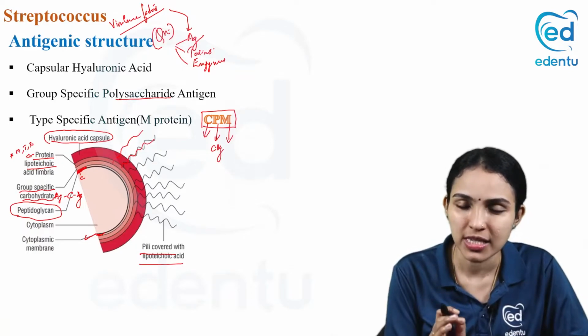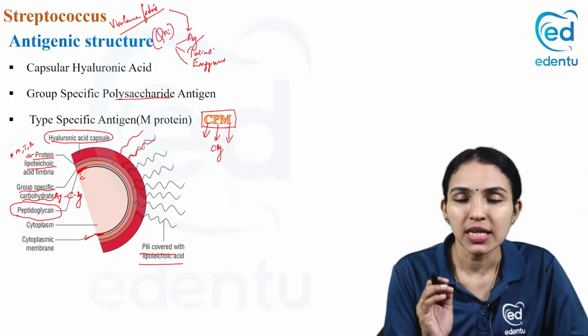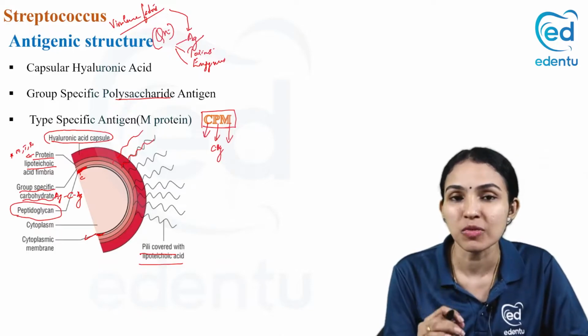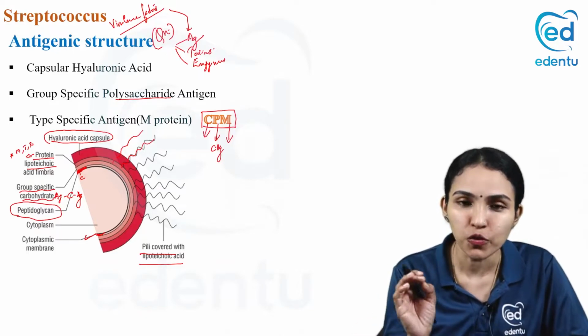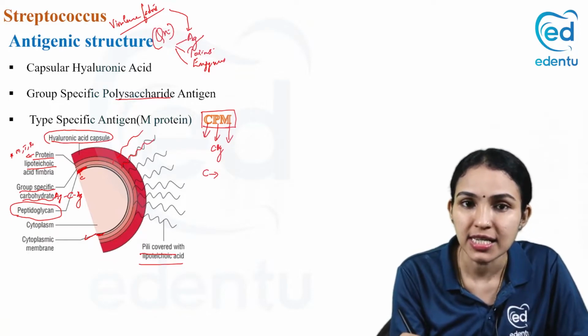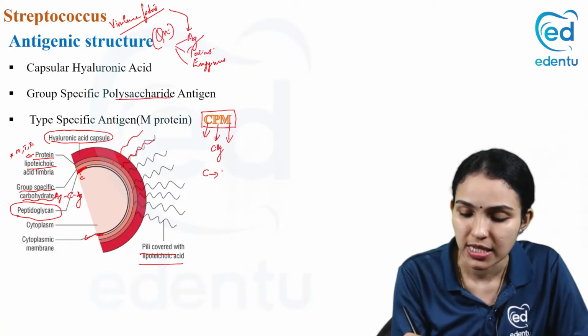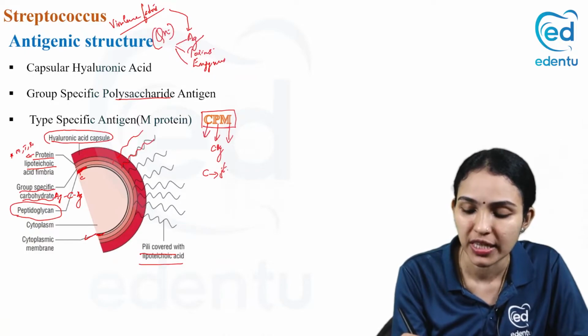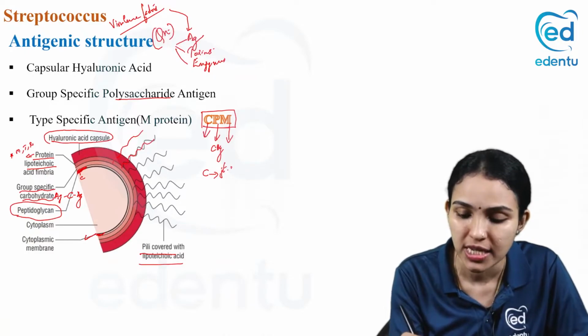And actually these layers have some importance. Why? Because these antigens mimic certain human antigens. For example, the capsular hyaluronic acid layer has some cross reaction with the antigens present in human joints and synovium.